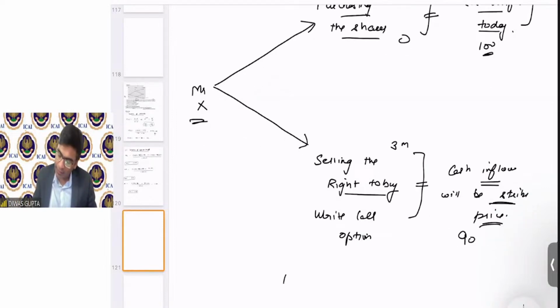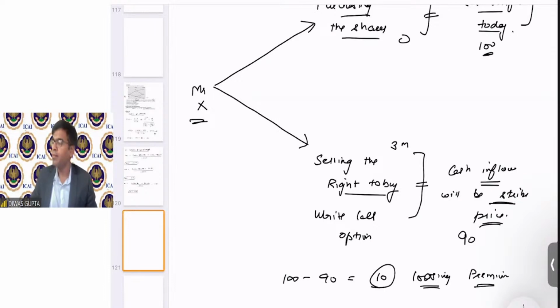So don't you think the 10 rupees that I'm losing here, I should charge as a premium? Correct? My premium would be equal to the expected loss that I will incur on this call option. By purchasing the share today and writing a call option, whatever is the expected loss, I will expect that as a premium.